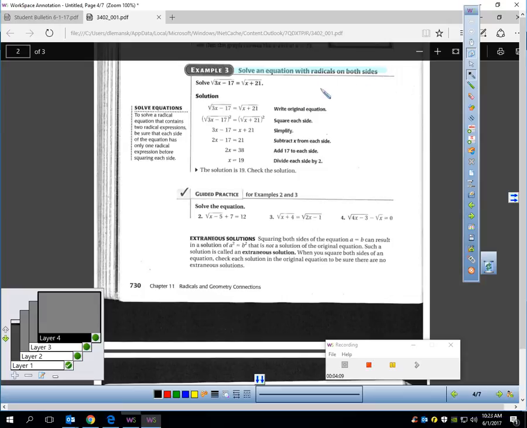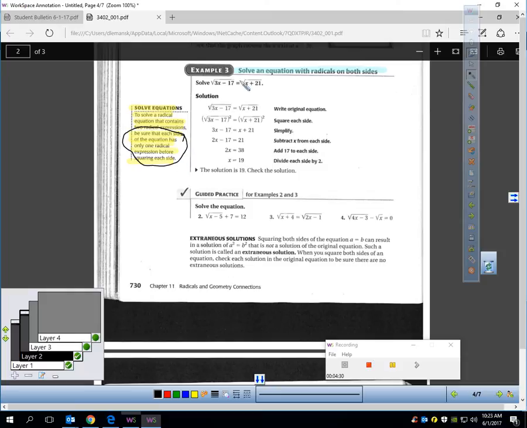Now, if you have radicals on both sides of the problem, or if you have more than one radical in the problem, it's important to be sure that each side of the equation has only one radical before starting to square.